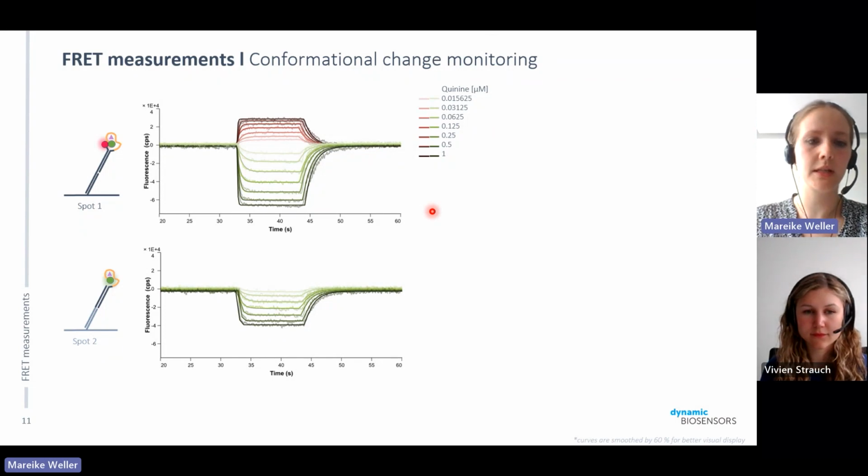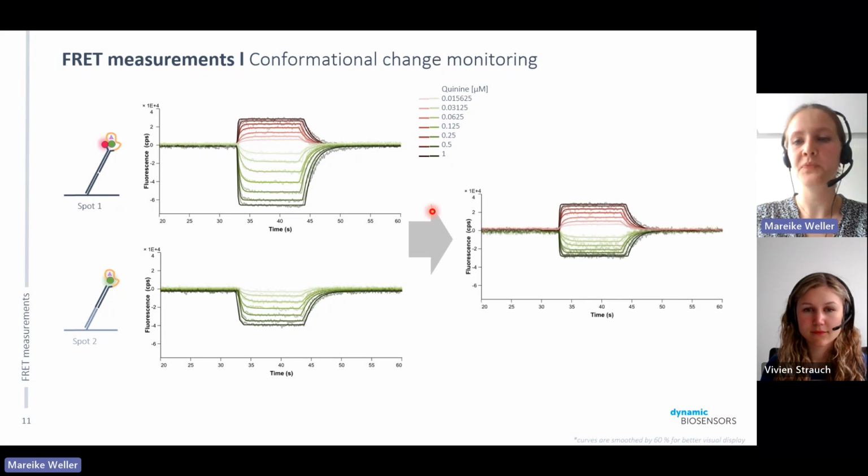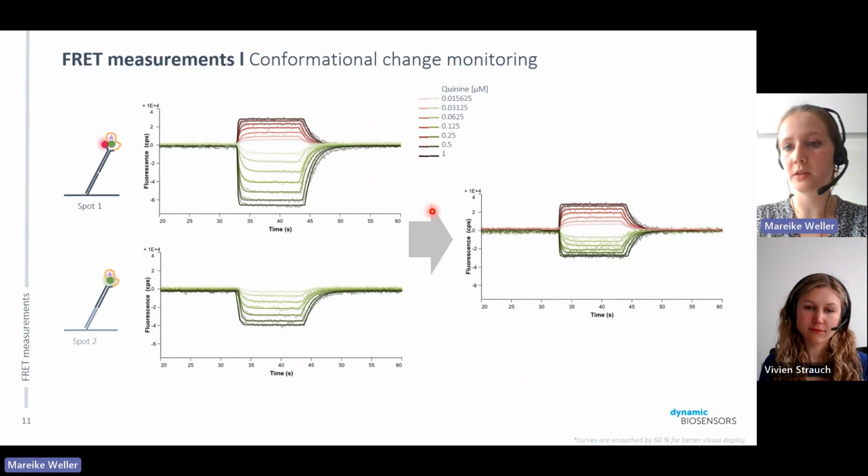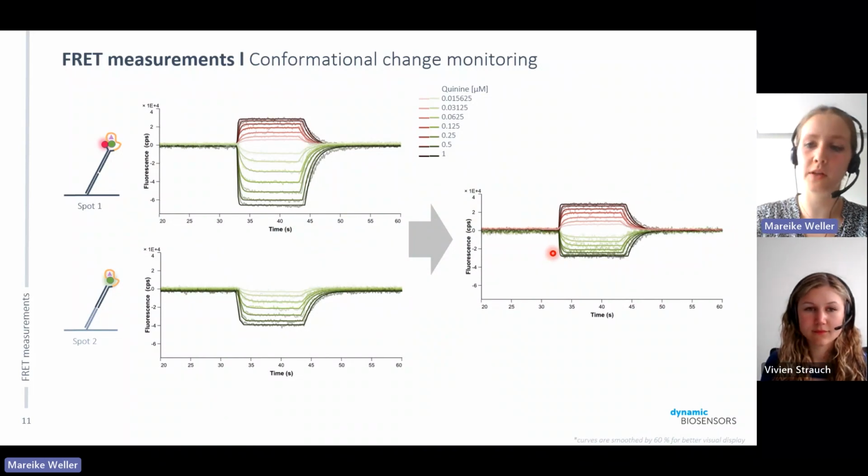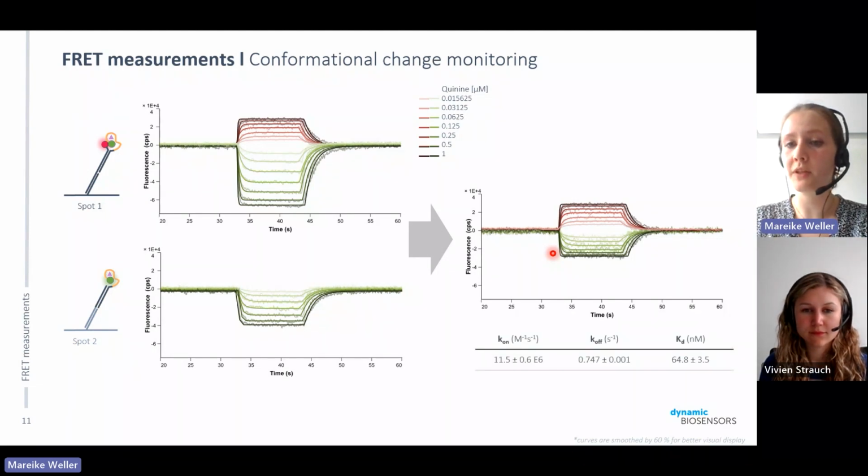We just subtract the signal that we got from spot 2 from our spot 1 signal. And resulting of that, we get just our conformational change signal. This is just now the decrease of green, which is really the quenching of the green dye because all this energy is transferred to the red dye. And of course, we can also fit this with a model. It's also the one-to-one interaction model chosen here that gives us the KD value of the conformational change.